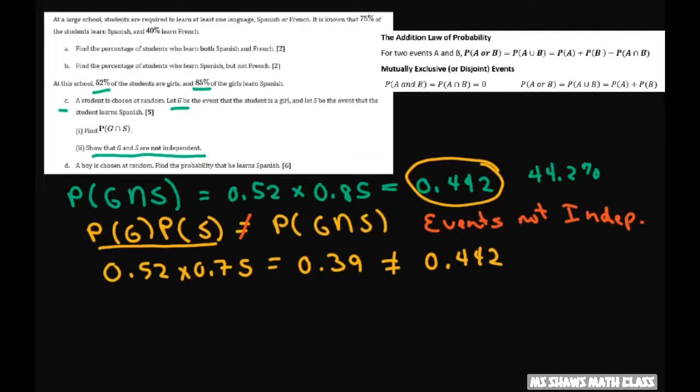All right? Now, last part. A boy is chosen at random. Find the probability that he learns Spanish. So basically, this is a conditional. So what we're writing is the probability of Spanish given that he is a boy.